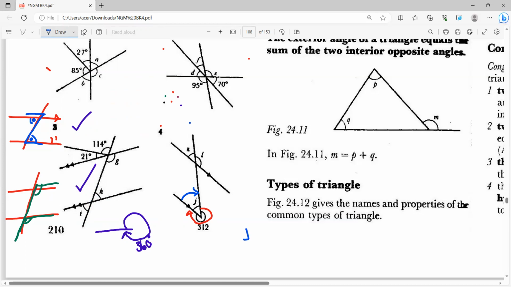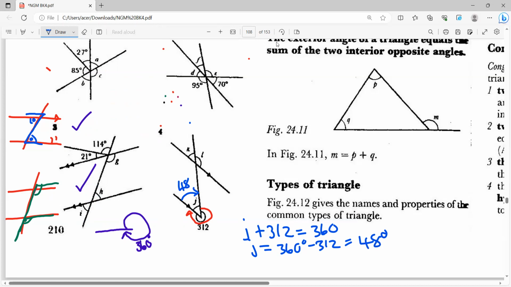So J plus 312 degrees must give you 360. So J is equal to 360 degrees minus 312. And let's see what we're going to get. 360 minus 312, we're getting 48. So J is going to be 48 degrees.